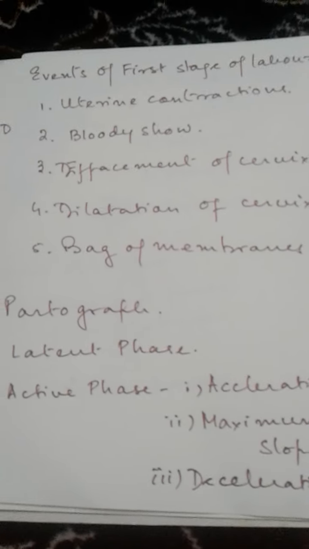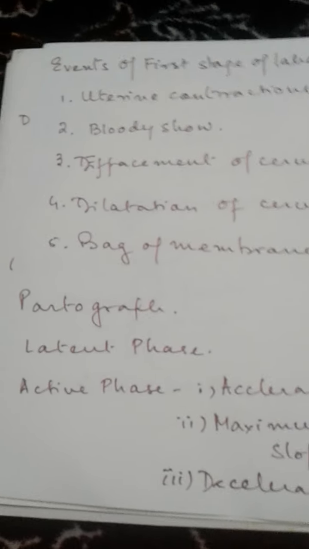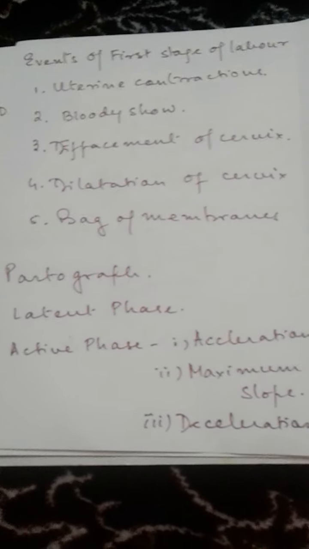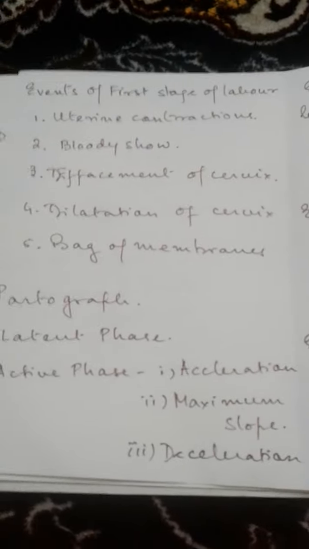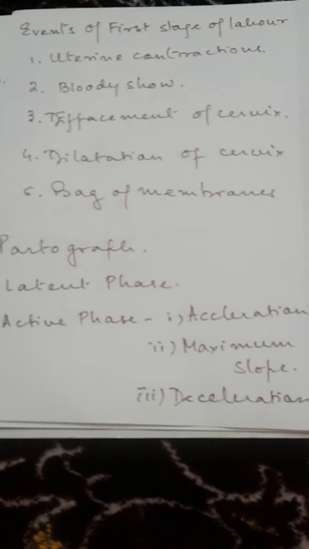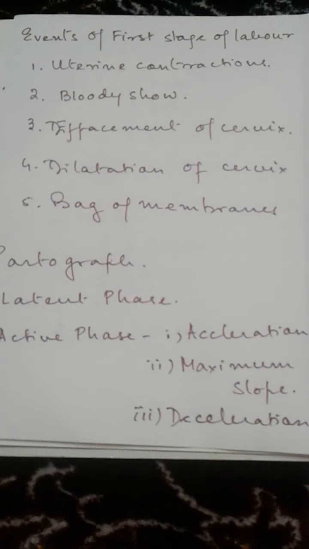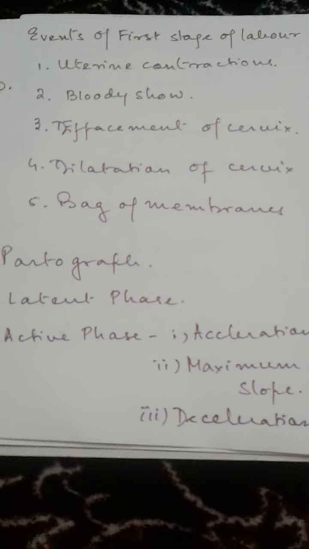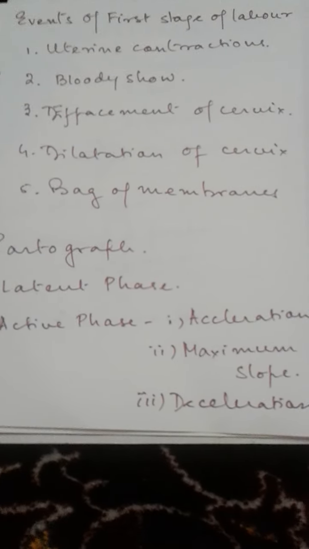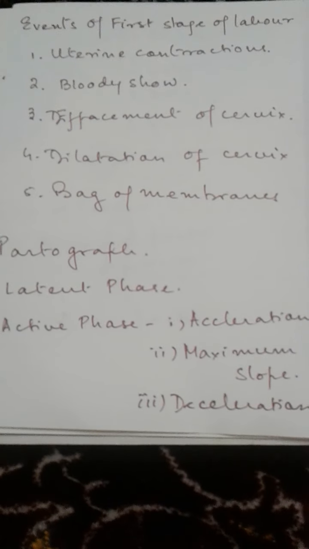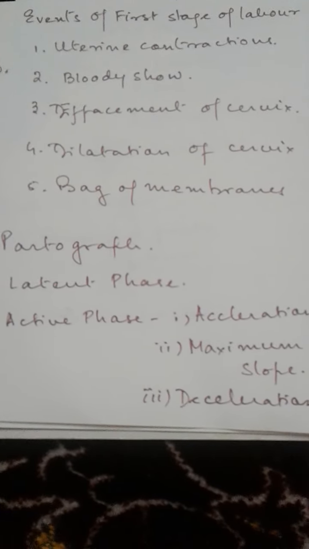Dilatation of the cervix progressively occurs starting from the internal os, involving the cervical canal, and then it finally involves the external os. Dilatation is measured by finger breadth, but it is recorded in centimeters. Full dilatation of the cervix is 10 centimeters.